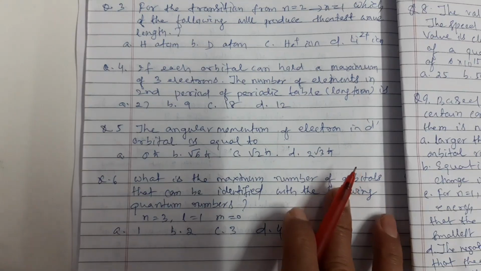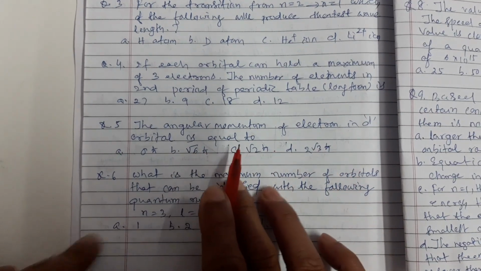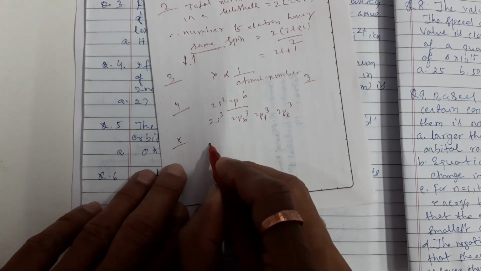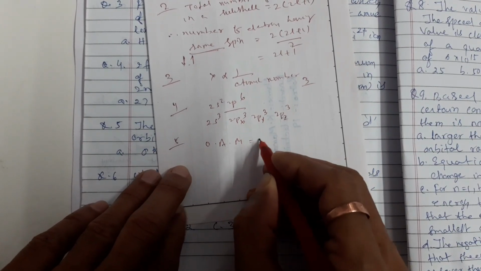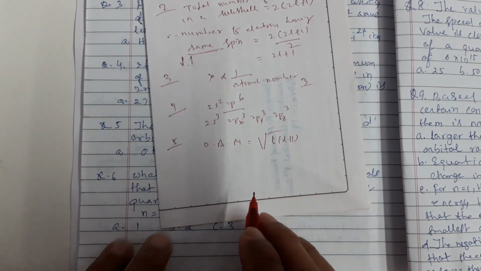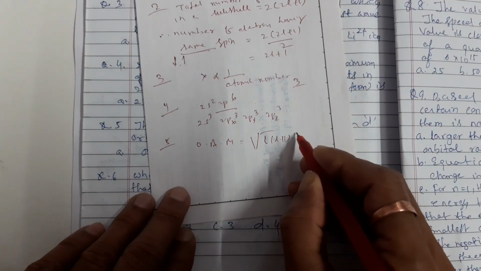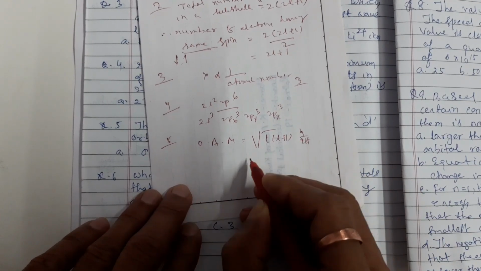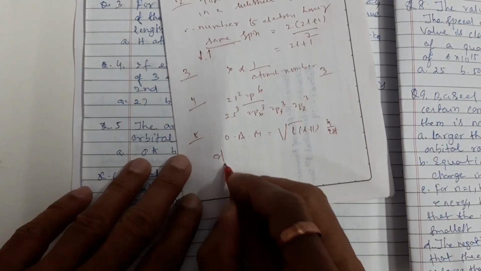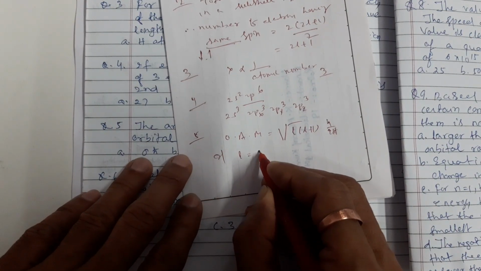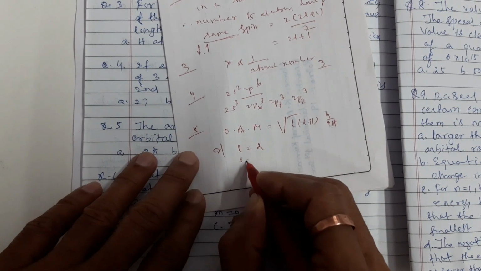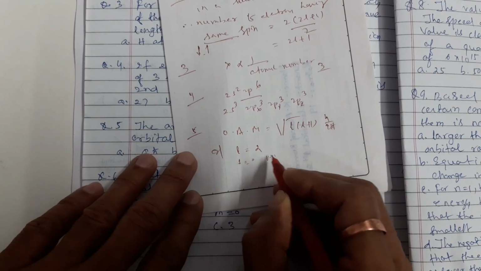Next, the angular momentum of electrons in a d orbital. Question number 5. The rule for orbital angular momentum is root over l into (l plus 1) times h by 2 pi. For a d orbital, the l value is 2; for s orbital it is 0, for p orbital it is 1, for d orbital 2.